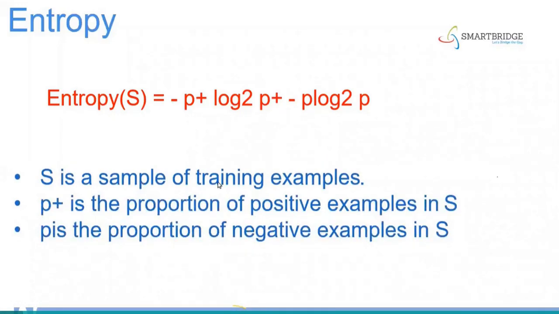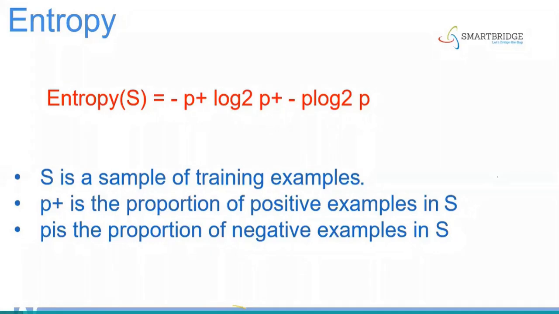S is nothing but the sample of training examples. P plus is the proportion of positive examples in S. So what is the proportion of positive examples in S? Positive examples means yes.